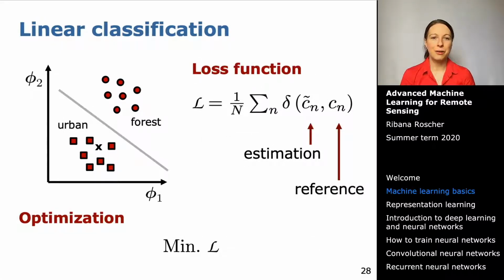In order to determine the parameters, we define a loss function. This loss function contains a function delta, and delta compares the estimated labels and the reference labels. The goal is that the difference between the estimated labels and the reference labels is as small as possible. This is done via an optimization process by minimizing the loss function.